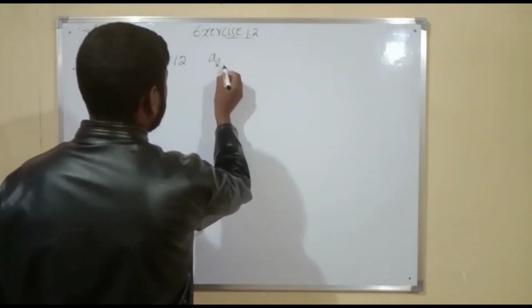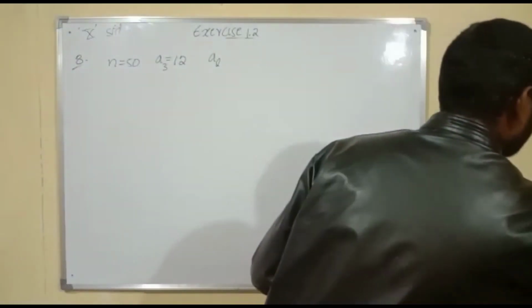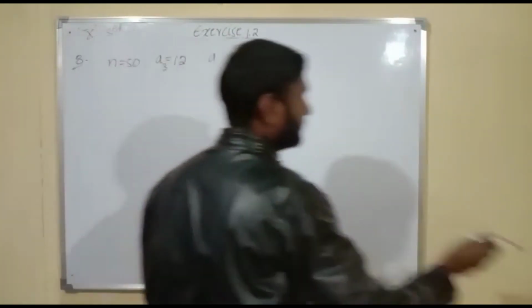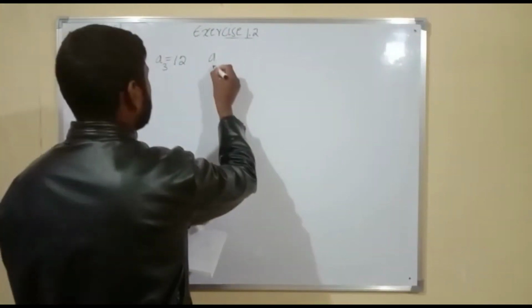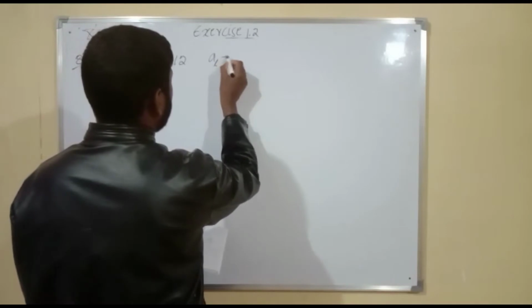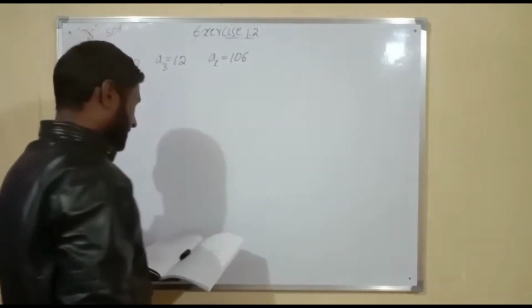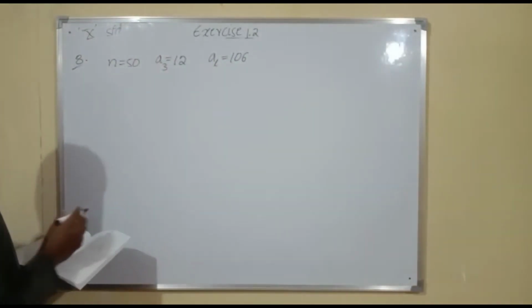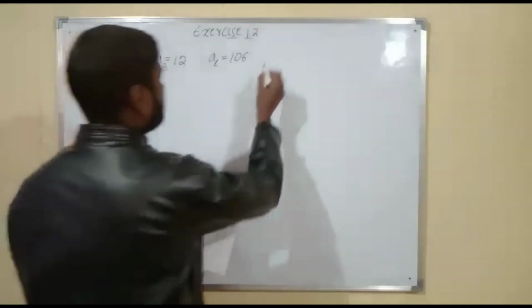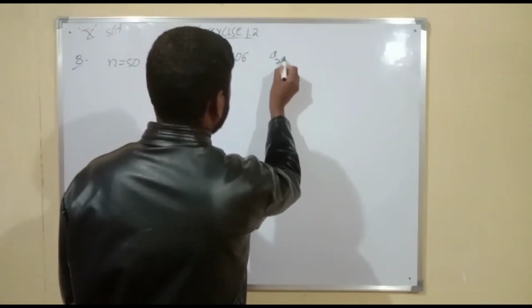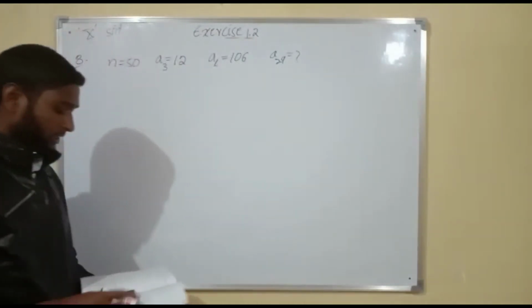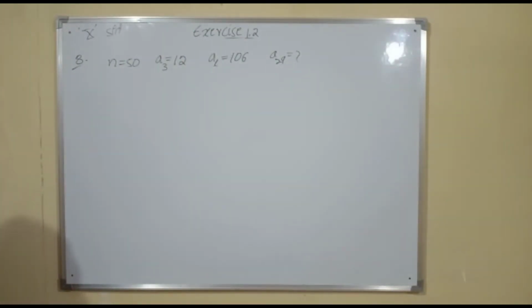The last term is indicated by AL, which is equal to 106. And we have to find out the 29th term.